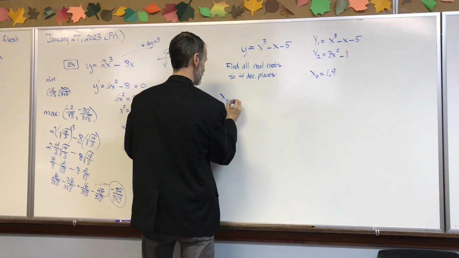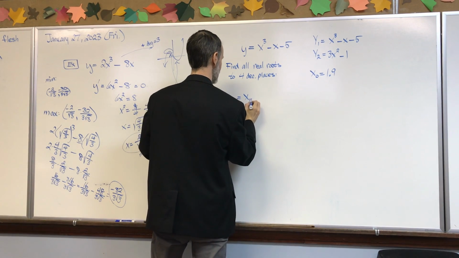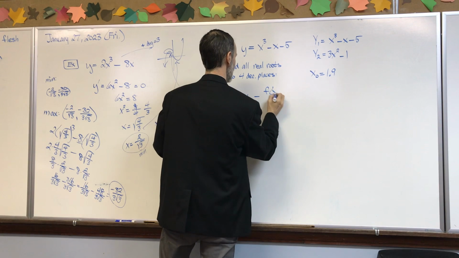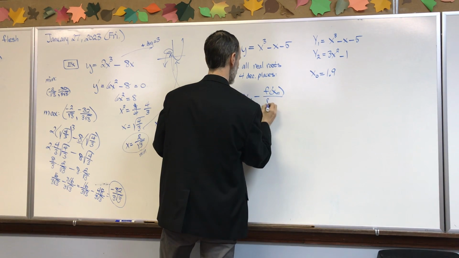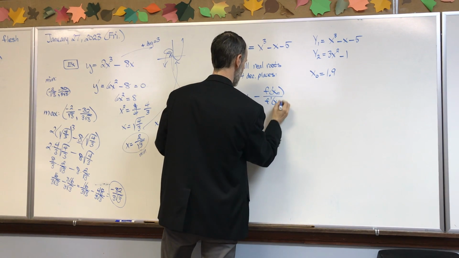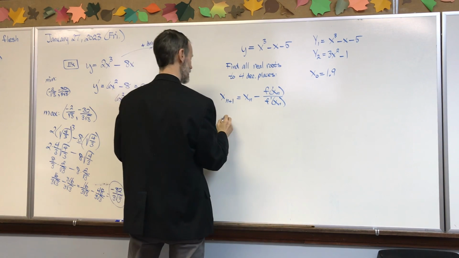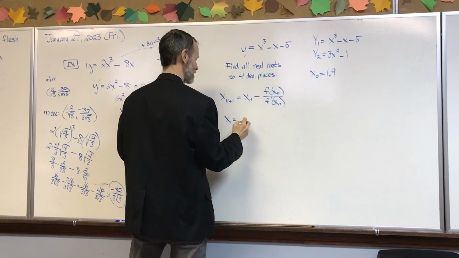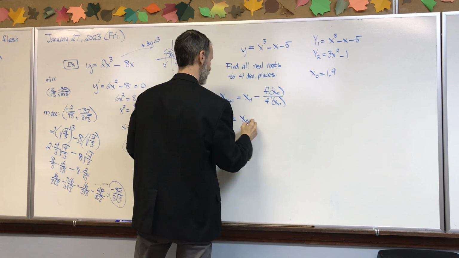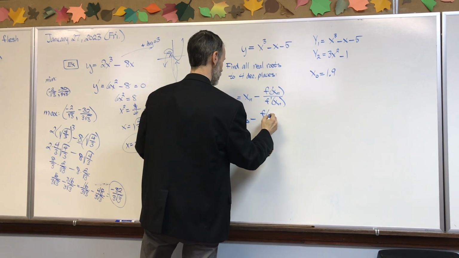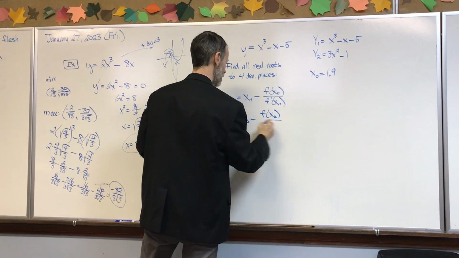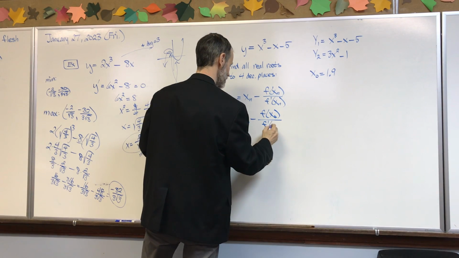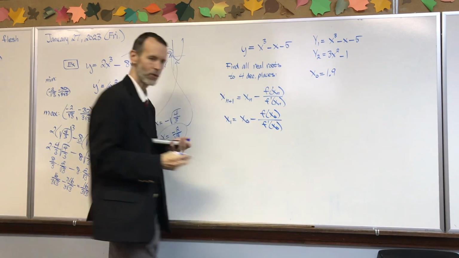X n plus 1 is equal to x of n minus f of x of n over f prime of x of n. Basically, to get x1, the next guess, you start with x0 and subtract the original function's x0 divided by the derivative's x0.